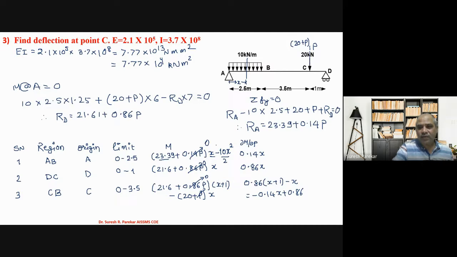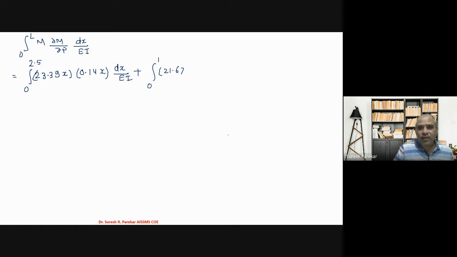So the second term is minus integration of 5x squared into 0.14x dx upon EI, also from 0 to 2.5.